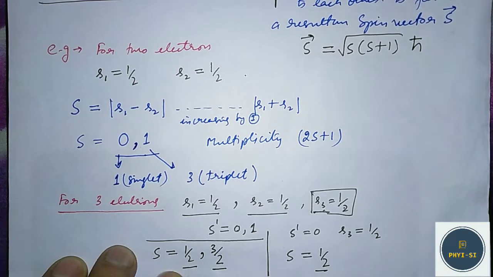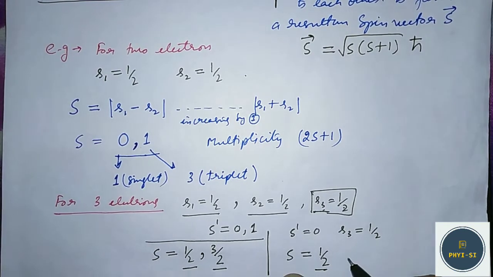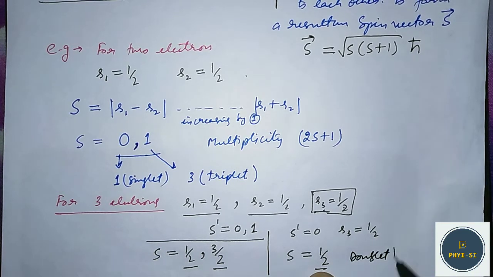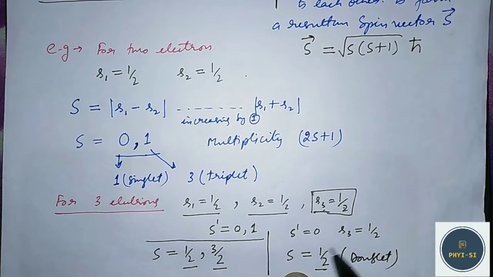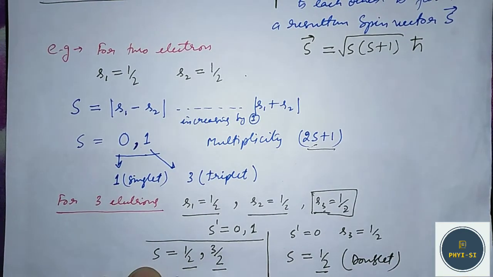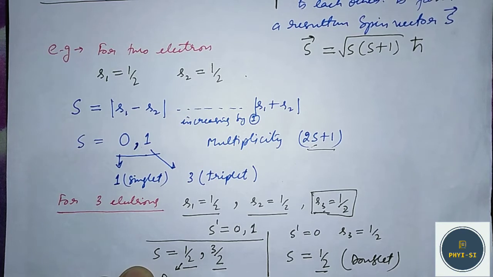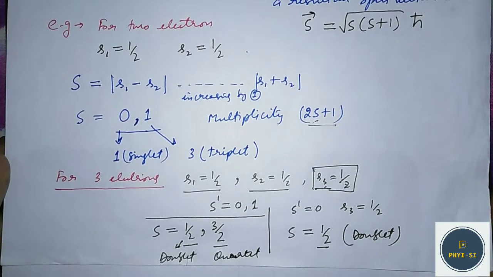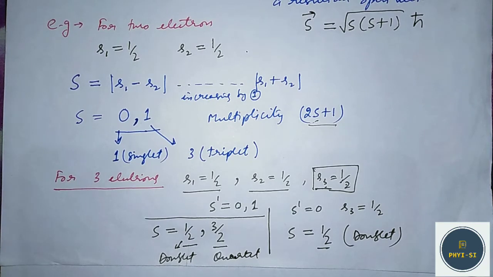This is a doublet, this is also a doublet, and this is a quartet. So this is how we can find the spin.